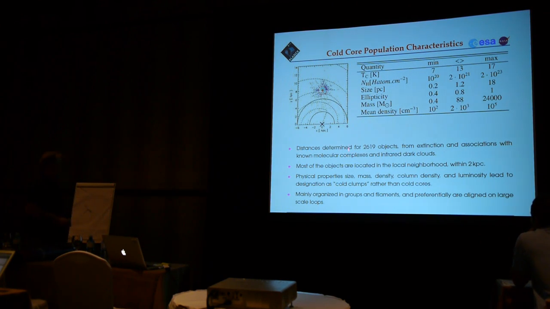On a sample of 2,600, distances were determined in various ways, and they turned out to be mostly within 2 kiloparsecs away from us. As I showed before, full sky, but centralized on the galactic plane, compacted right on the galactic plane. There's a short table of their properties.